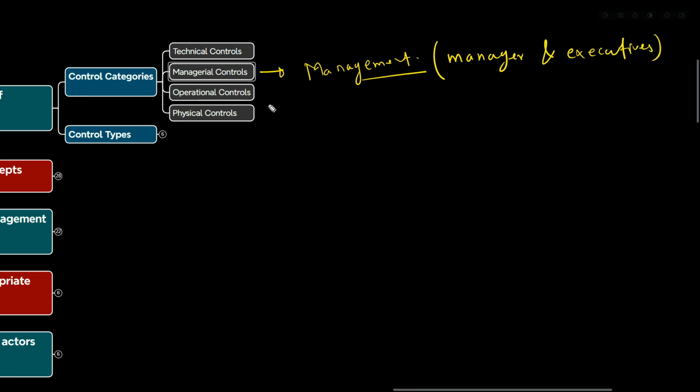The focus of this kind of control is majorly on decisions: how decisions are made, how governance is done, or risk management altogether. Risk management is majorly about addressing or bringing down the overall risk in the network, the possibility that something would happen.